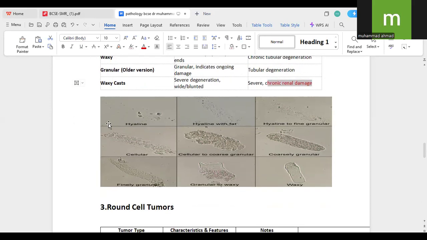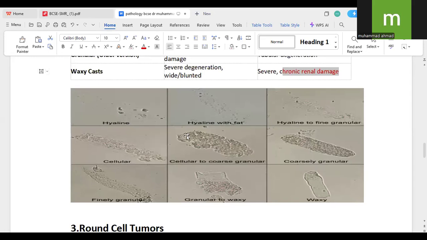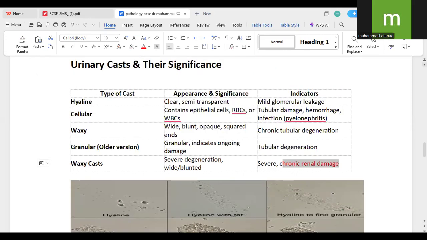These are the different types: hyaline, clear; hyaline with fat; hyaline to fine granular; cellular cast; cellular to coarse granular, more aggregation; fine granular; granular waxy; and waxy. These are different casts with different conditions, so this is important.